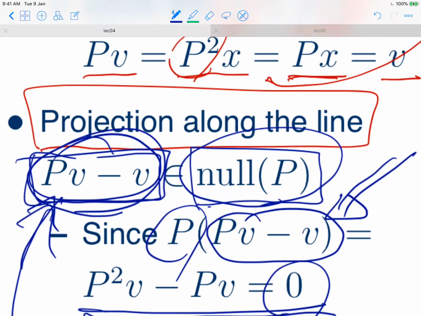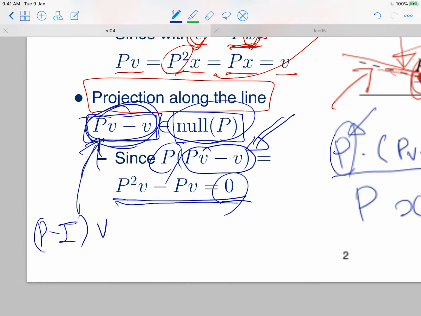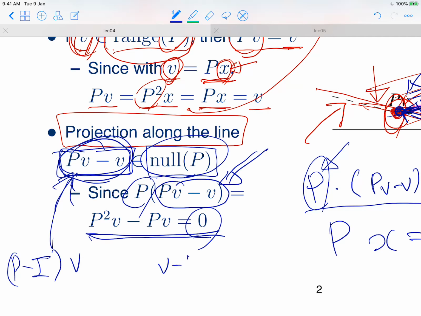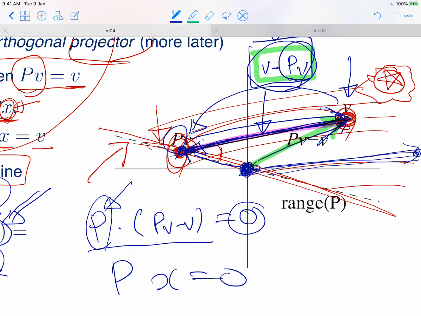And also, we know this as a simple relationship of the remaining part after projection. So this can be represented equivalently as v minus Pv, which is the remaining part. That part always belongs to the null space of P, which means that intuitively this projection P cannot see the remaining part.